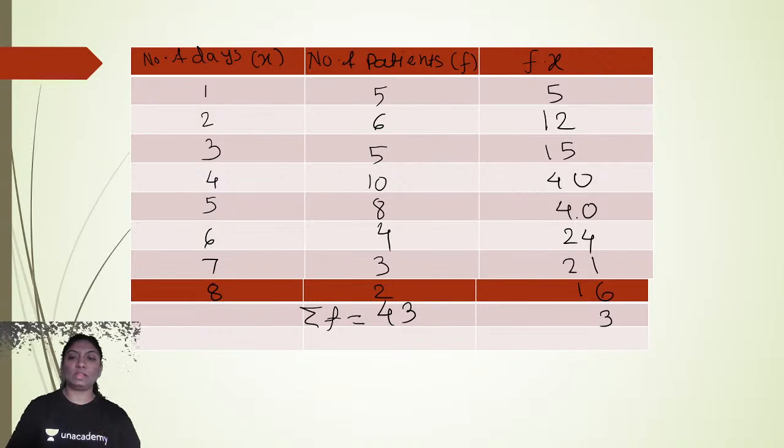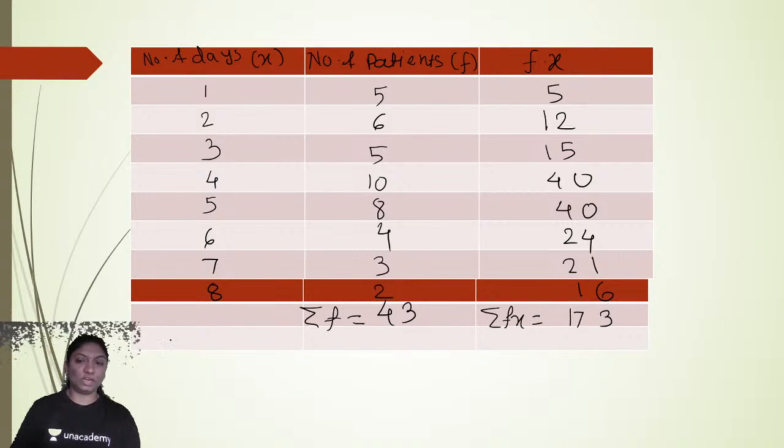So 5 7 11 15 16 17. So you will get the sum of fx equal to 173. Okay, so now summation of f is 43, summation of fx is equal to 173.